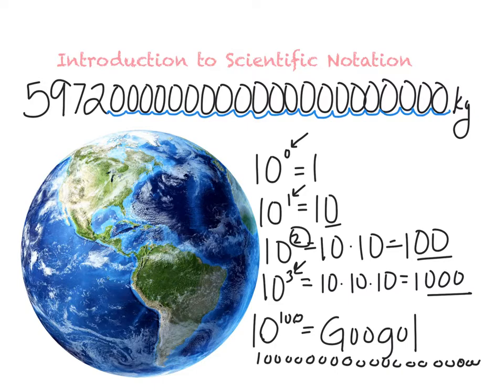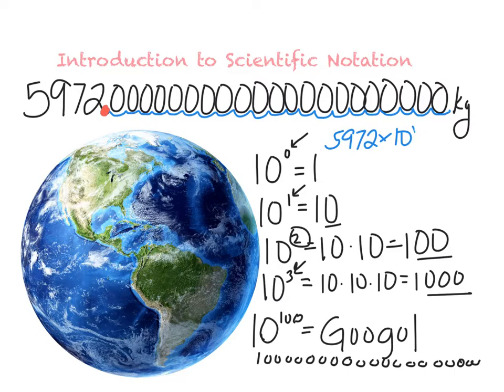So let's say I put my new decimal point right over here. In scientific notation, I now have 5,972 times 10 to the 21st power.